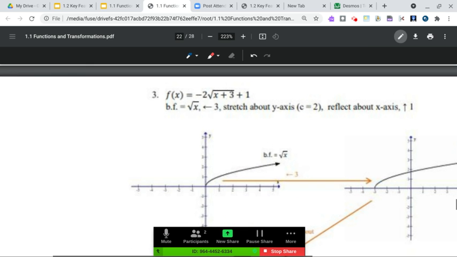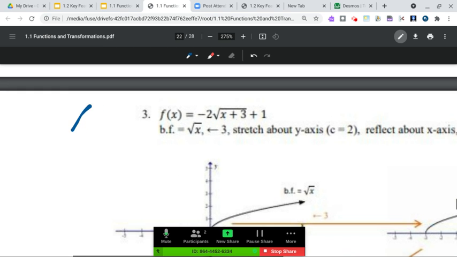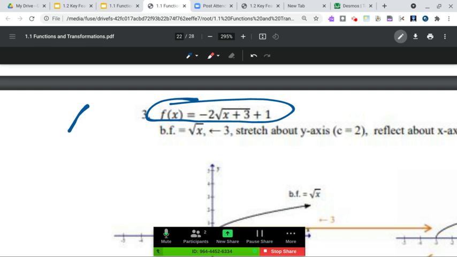Okay, let's look at this one here. It gives us a lot of the answers, but it's okay. f of x equals negative 2 times the square root of x plus 3, plus 1. First of all, what does the leading negative do? Perfect, x-axis reflection.